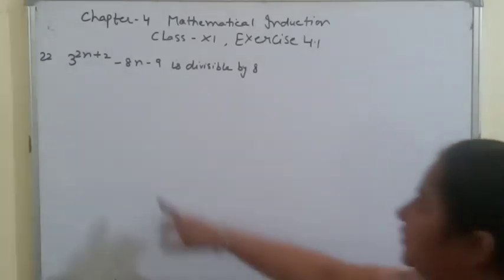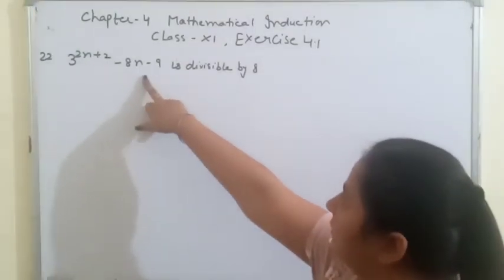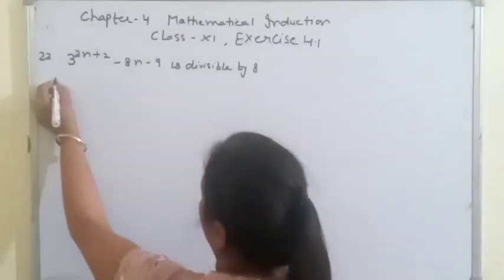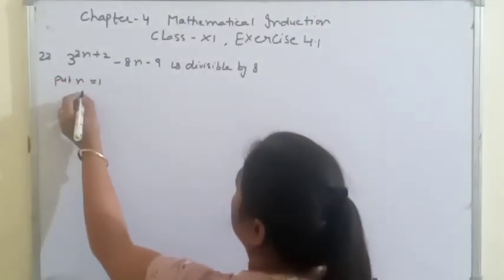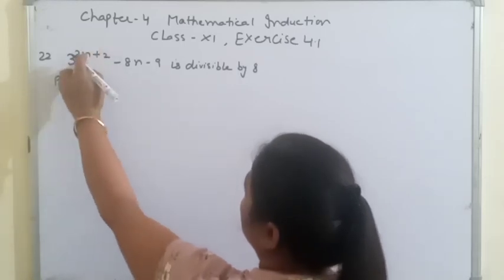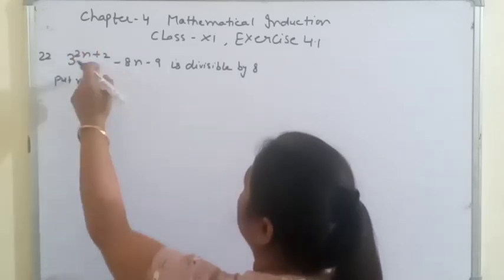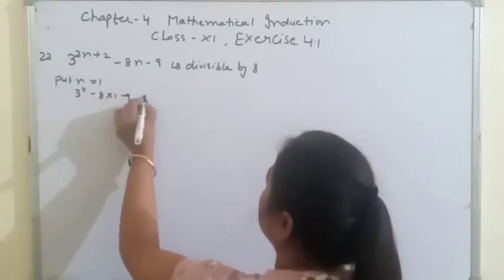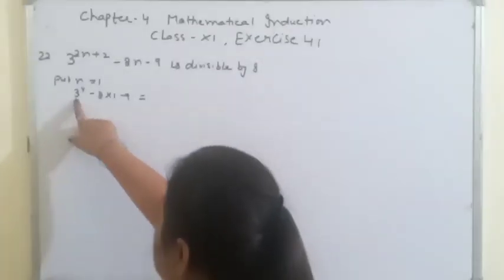Question number 22: 3^(2n+2) minus 8n minus 9 is divisible by 8. So firstly check it for n equal to 1. 3^(2+2), 2 into 1 is 2, 2 plus 2 is 4, so 3^4 minus 8 into 1 minus 9. 3^4 is 81.